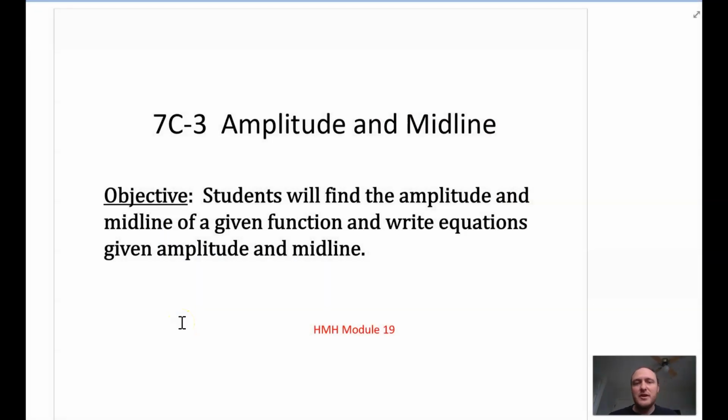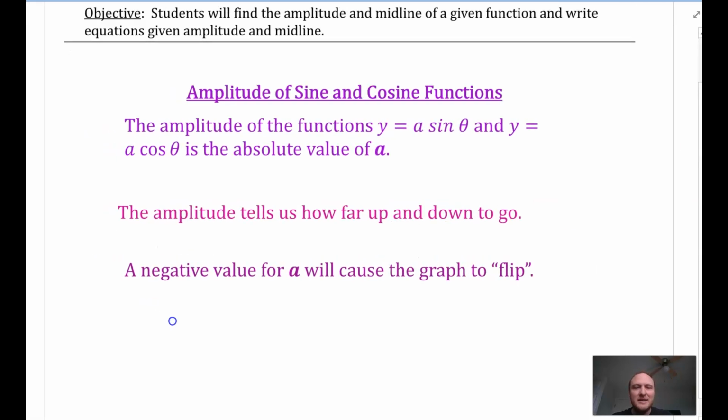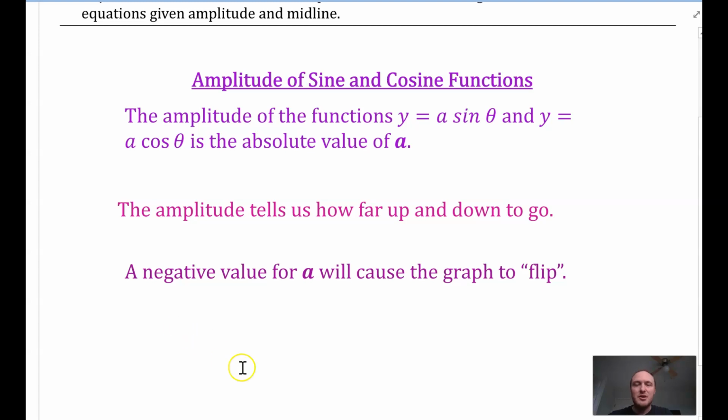Our objective for this video is students will find the amplitude and midline of a given function and graph it, as well as write equations given amplitude and midline. So remember that the amplitude of functions is always the a value that is out front.